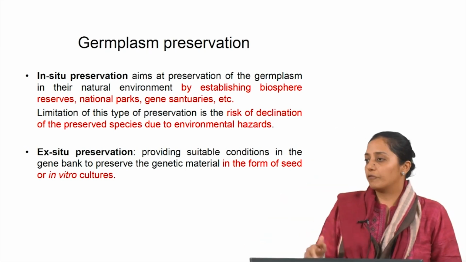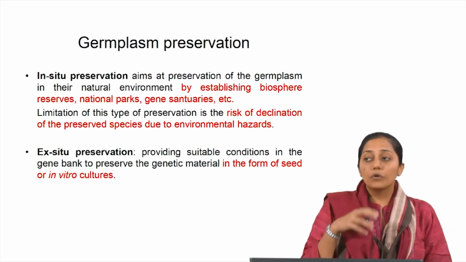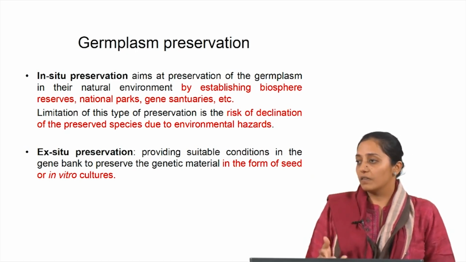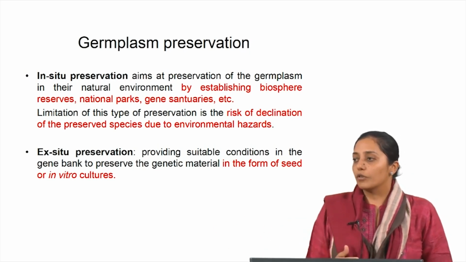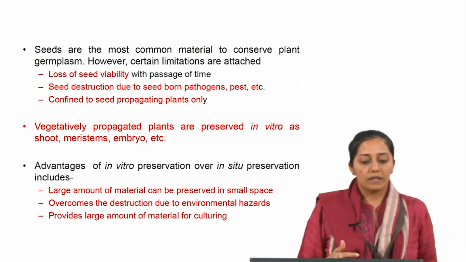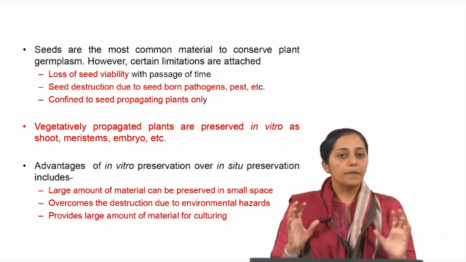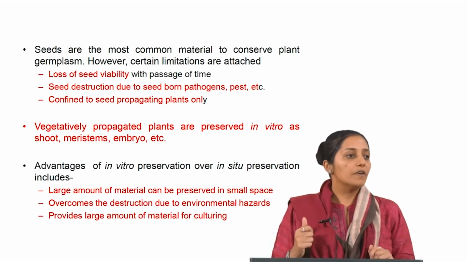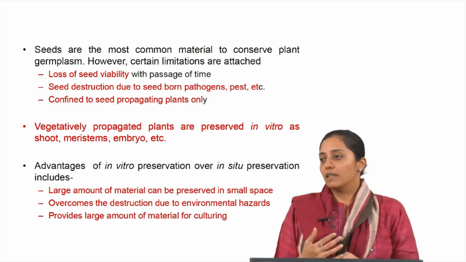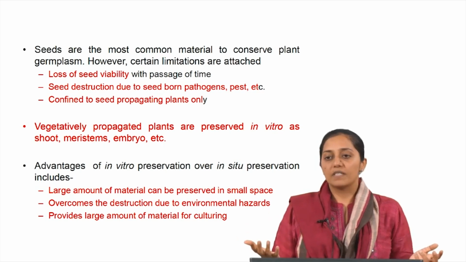But then conditions have to be provided, which means the media, how you cryopreserve it or how you preserve it matters, so that the viability is not lost during the prolonged storage period. We will talk about that. So, I said there is a demerit associated if you are conserving the genetic material in the form of seeds. It can lead to seed dormancy.